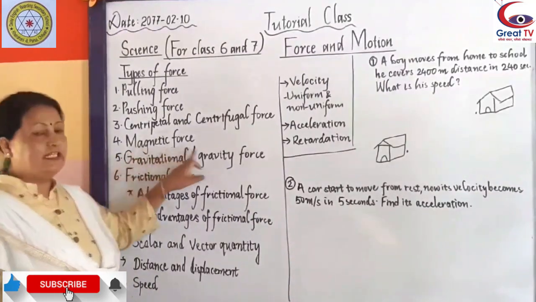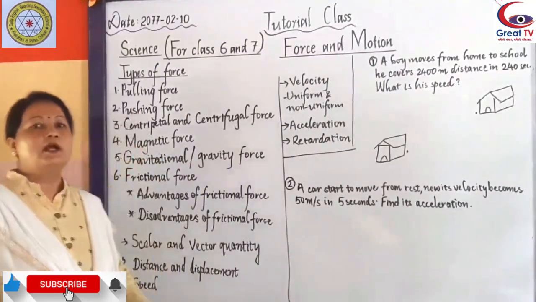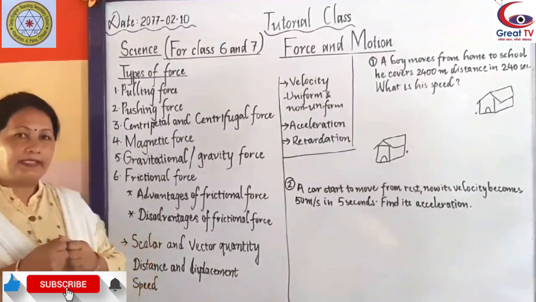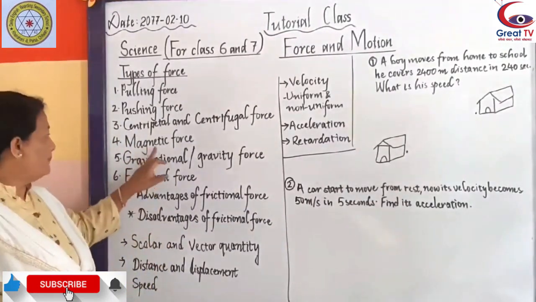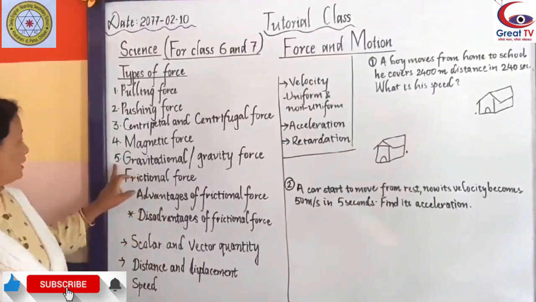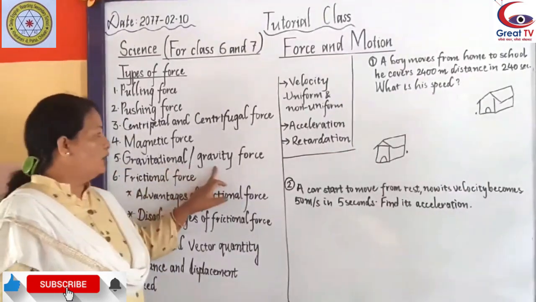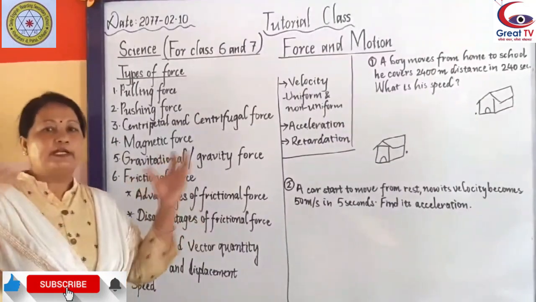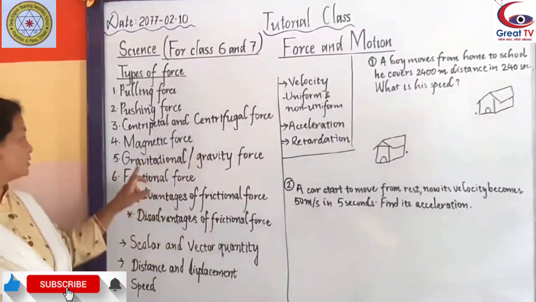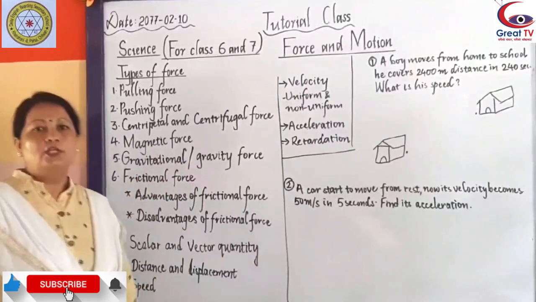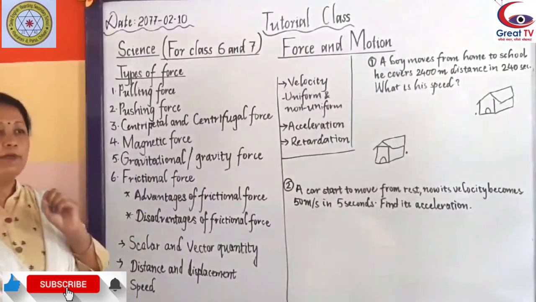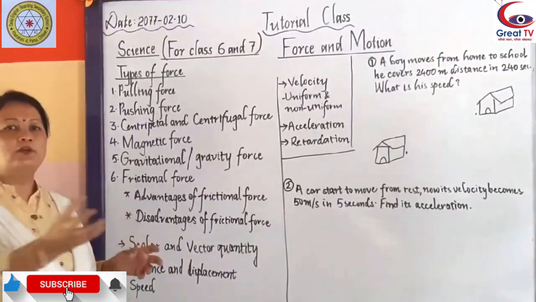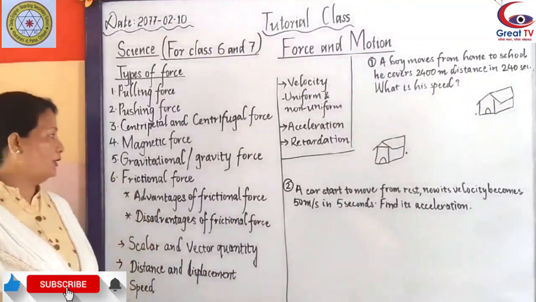Fourth, magnetic force. The force by which a magnet attracts magnetic bodies is called magnetic force. Now fifth, gravitational or gravity force. The force of attraction between two bodies is called gravitational force. Due to gravitational force, all planets and satellites move around the Sun in their own orbit.